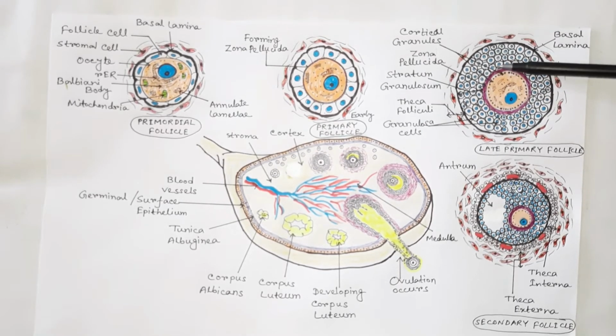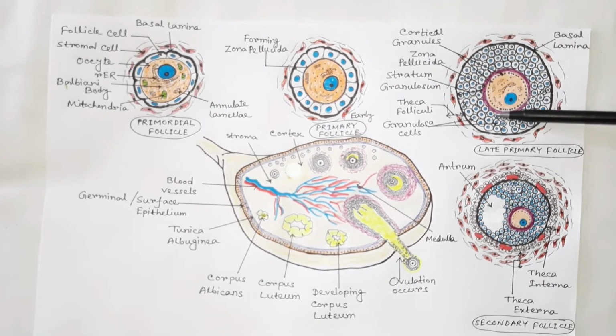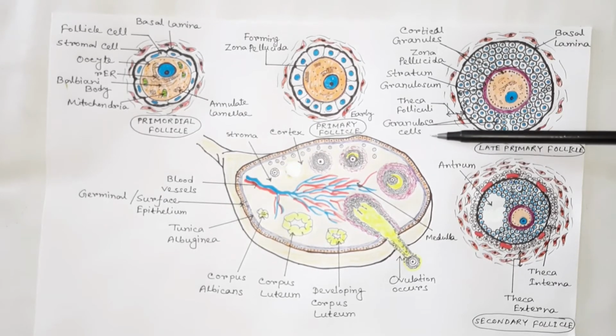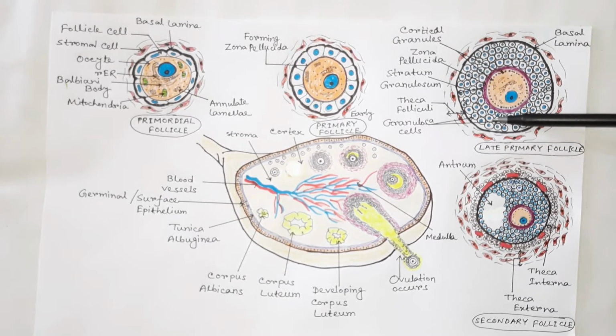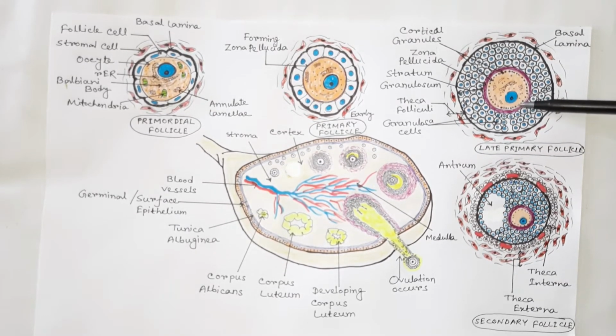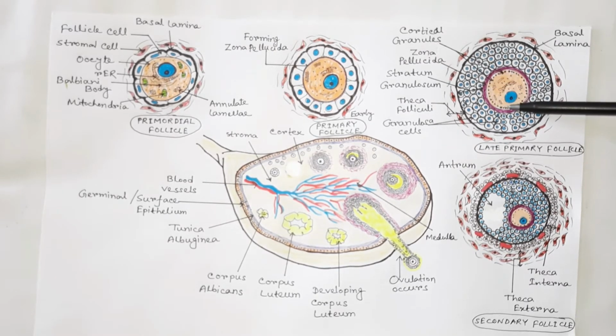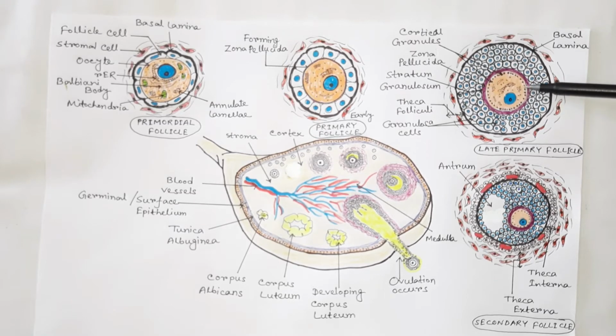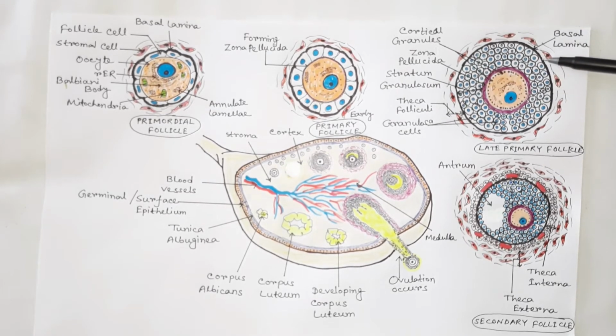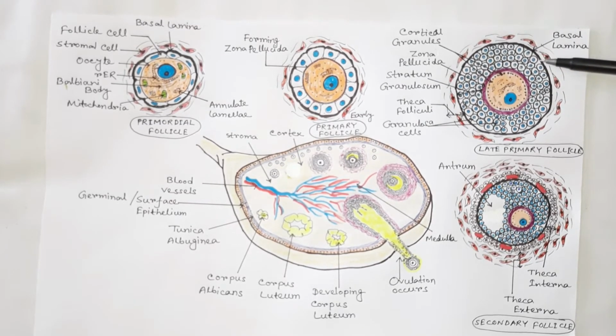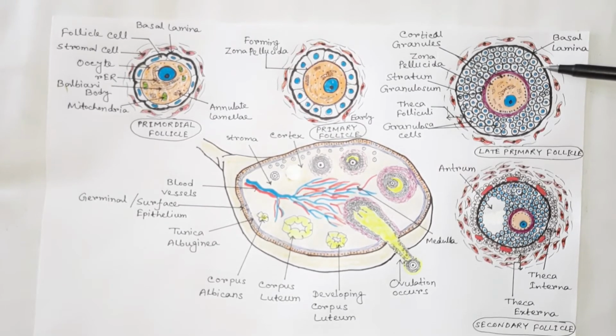The follicle cells are now identified as granulosa cells. Just beneath the plasma membrane of the oocyte, there are specialized secretory vesicles known as cortical granules. The basal lamina retains its position outside the outermost layer of the follicle cells.